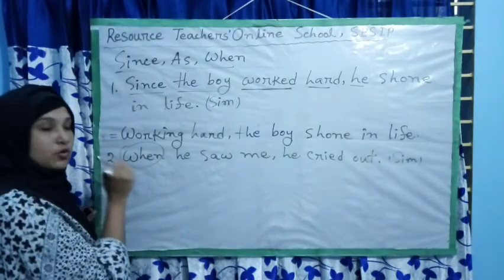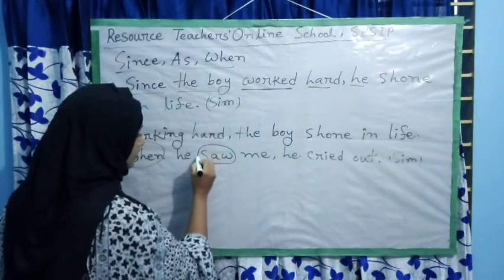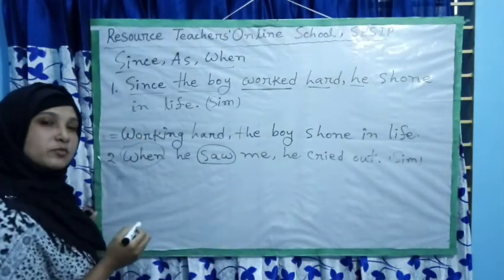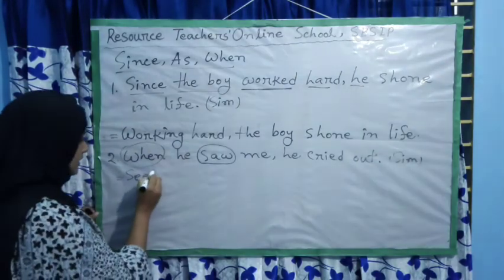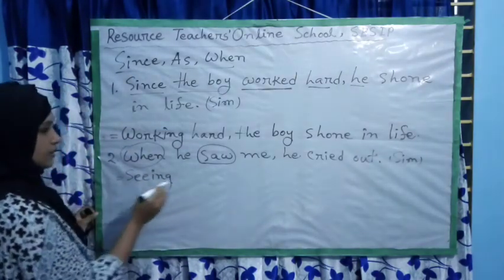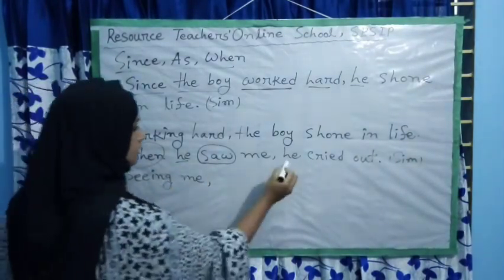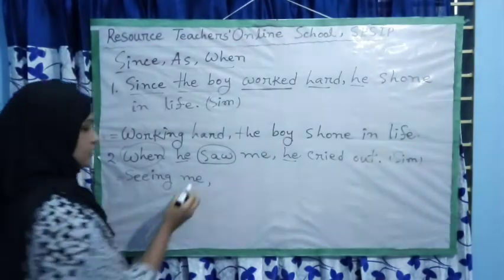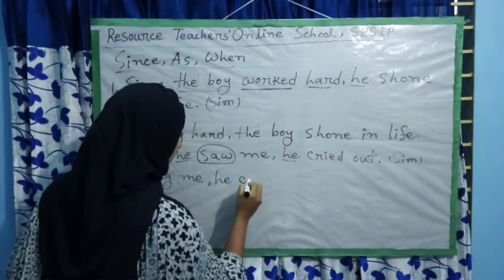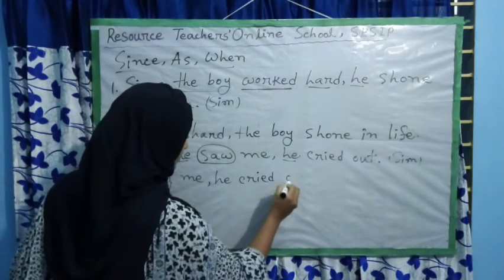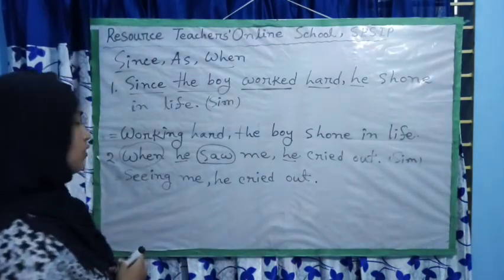So without when, we have to find out the main verb, saw. The present form of saw is see. And now ing will be added. Seeing me. Notice, my students, this subject and this subject are same person. So he. Seeing me, he cried out. That's all. Okay.